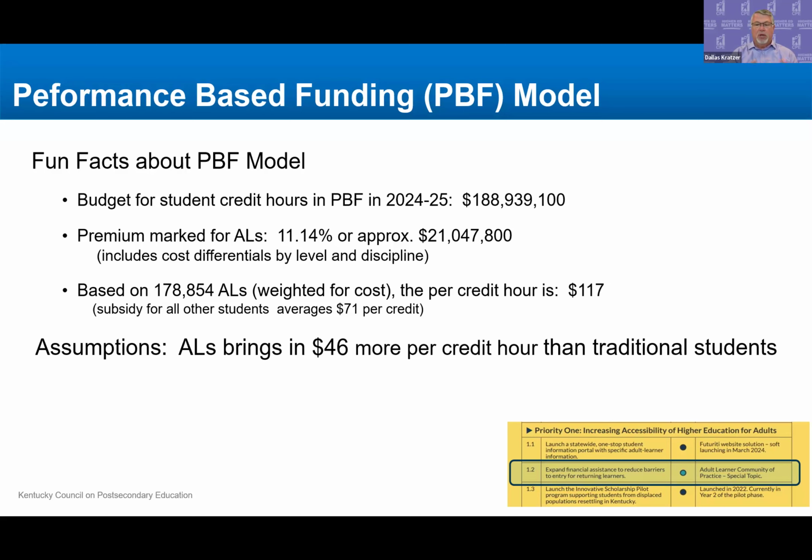So that's a pretty significant amount for each adult learner that you have. Now, that is $46 more per credit hour than other students. And when I say other students, those would be your traditional students, graduate level students, out-of-state students.